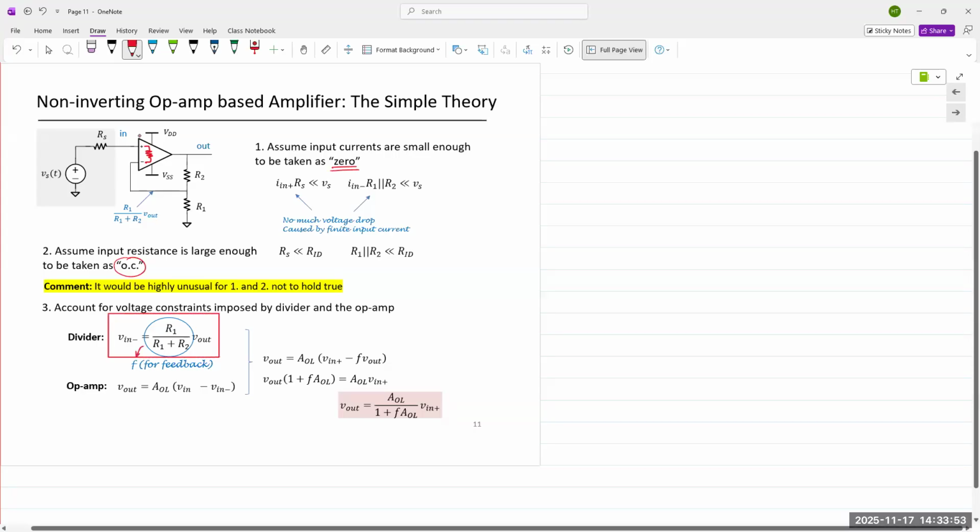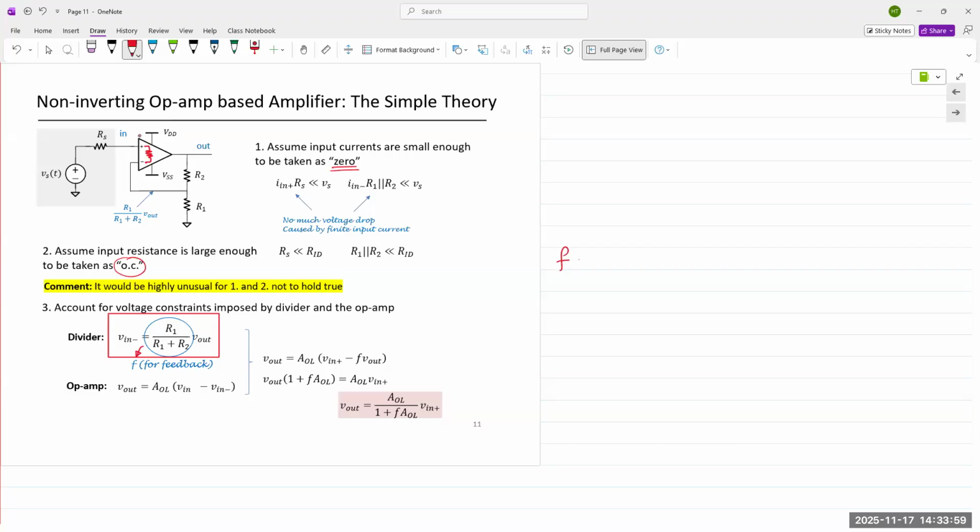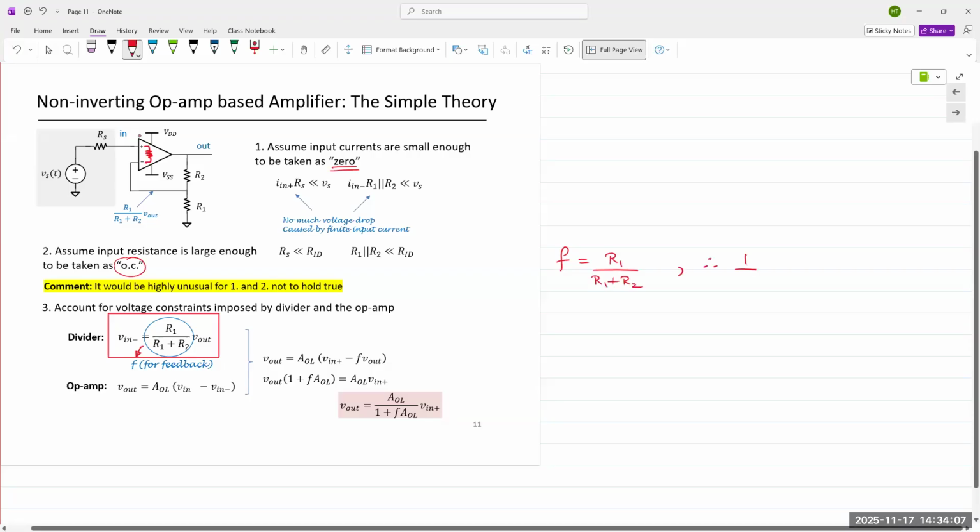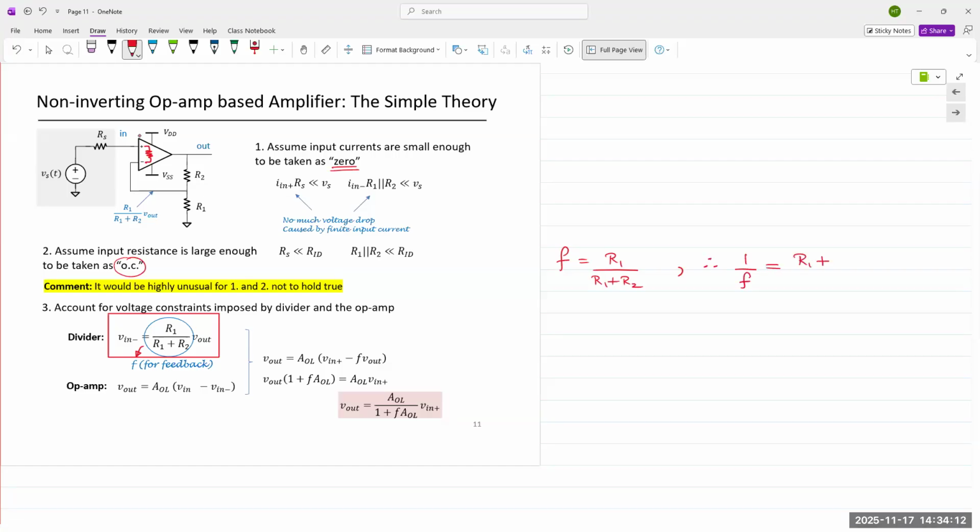I'm going to represent this as F. F can be written as R1 over (R1 plus R2), and therefore 1 over F is equal to (R1 plus R2) over R1.